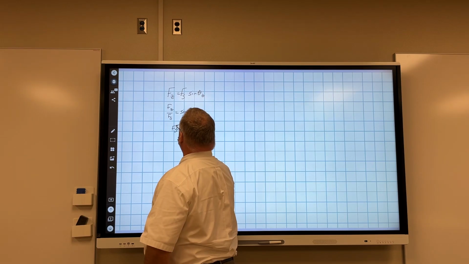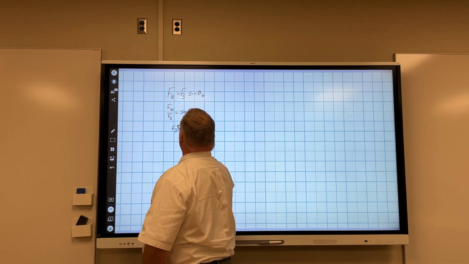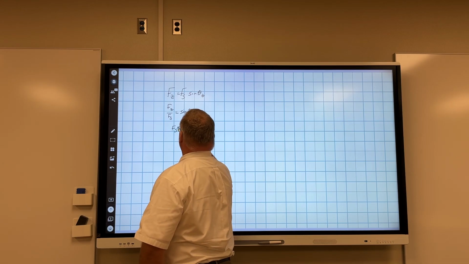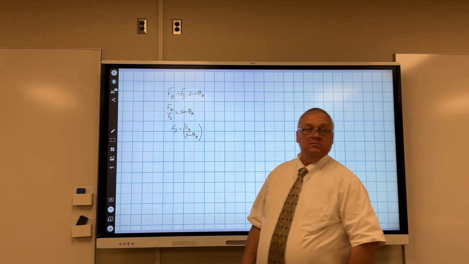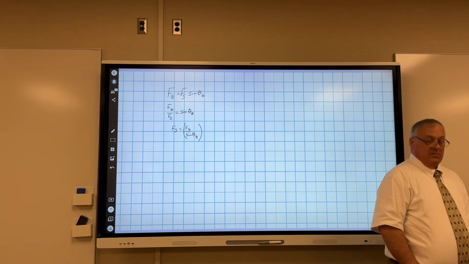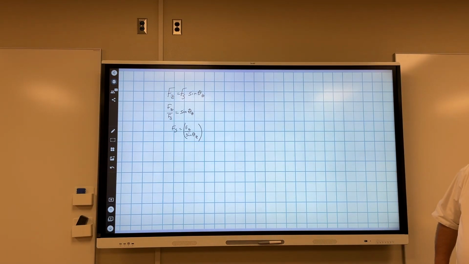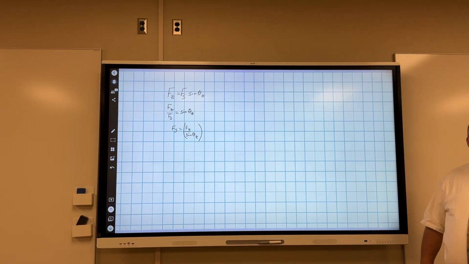We could say f of s is equal to f of z over sine of theta z. Right? Can we plug that into a relationship? Yes, we can plug it into f of x and f of y, right? Agree?